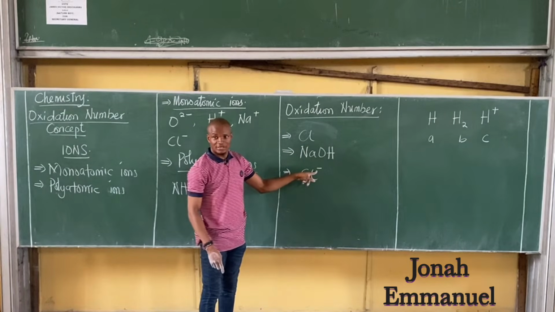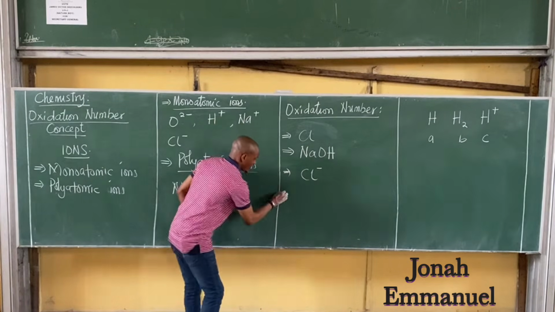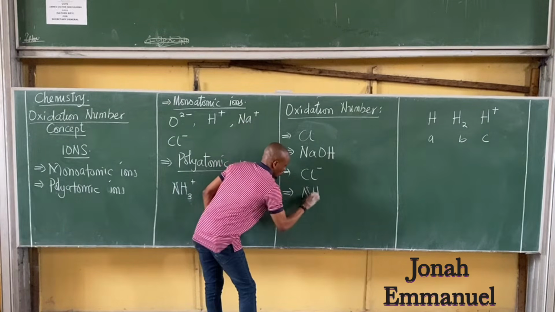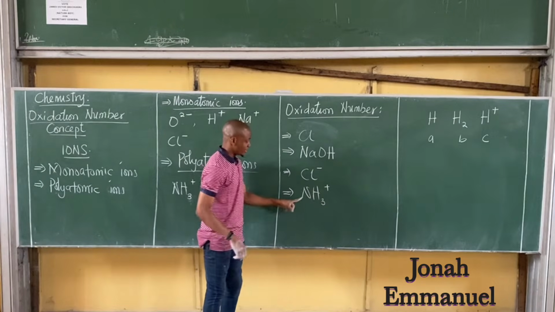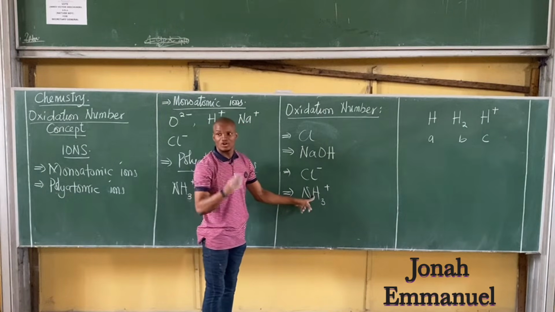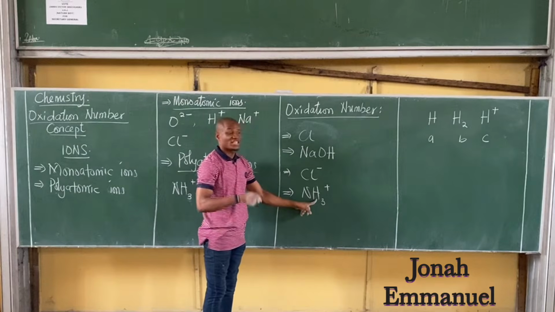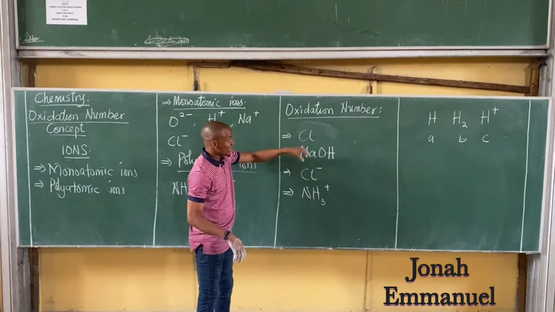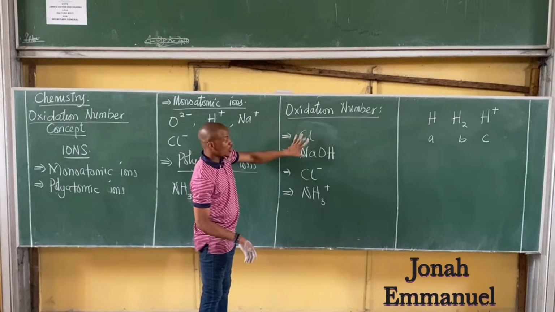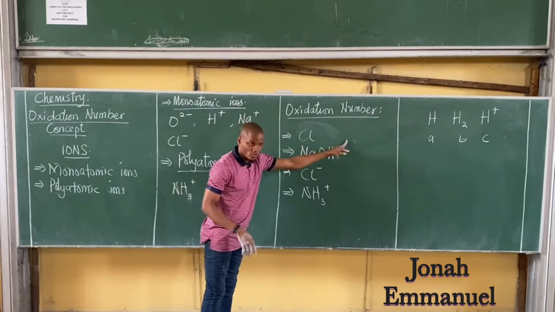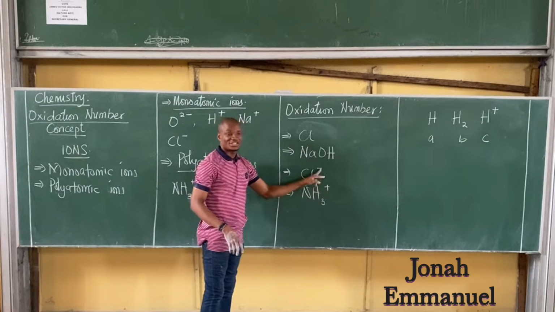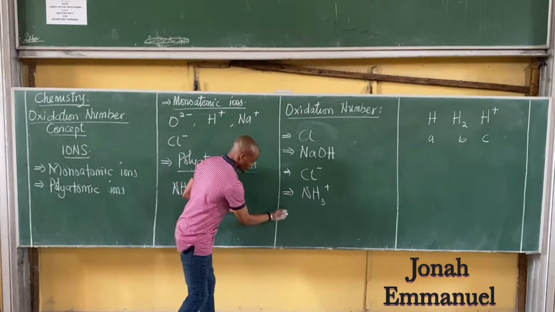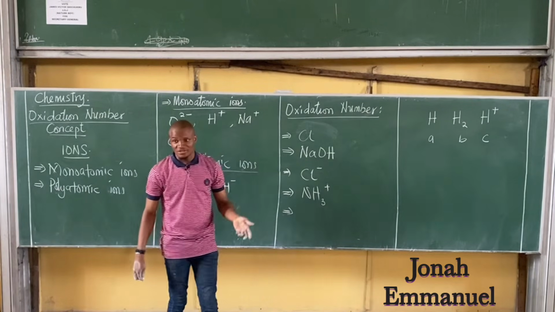What's the difference? Number 4, we said for a polyatomic ion, something of this nature, the sum of the oxidation numbers of the individual elements is equal to the charge of the ion. So the concept is this: if it's just an element or a compound, it's equal to 0. If it's an ion, it's equal to the charge of the ion. Then for halogens, it's -1.